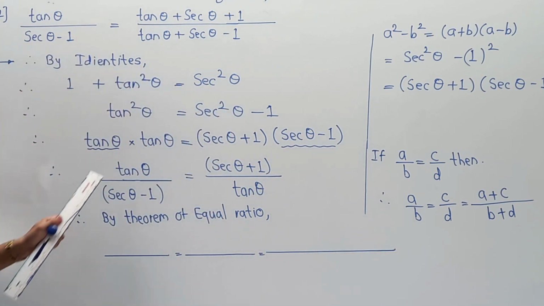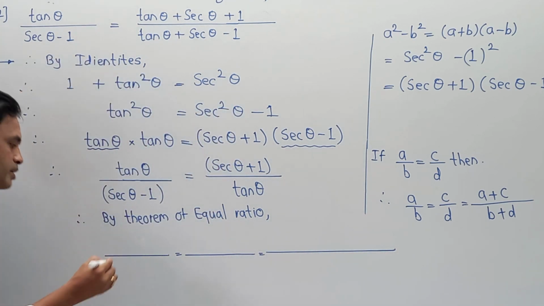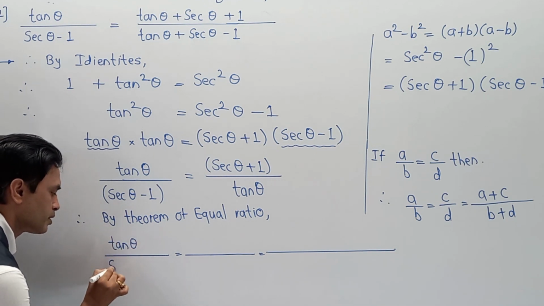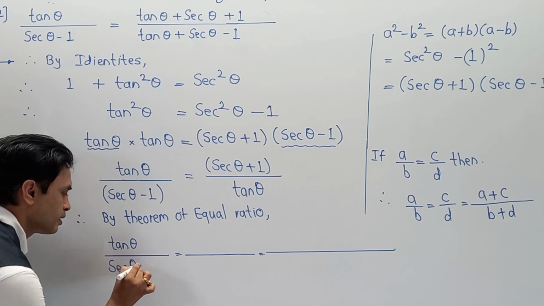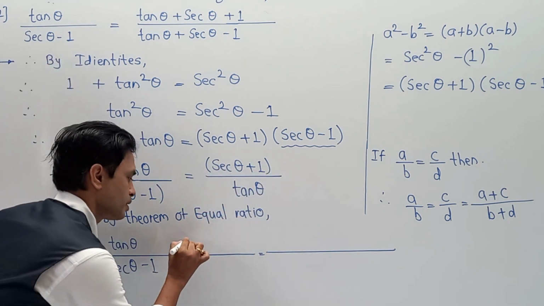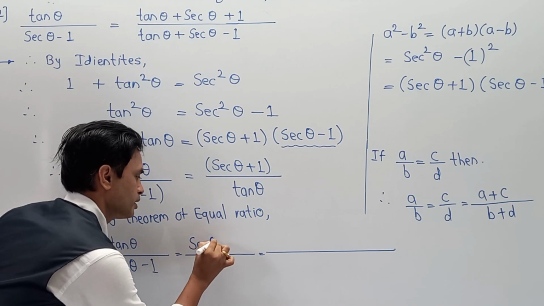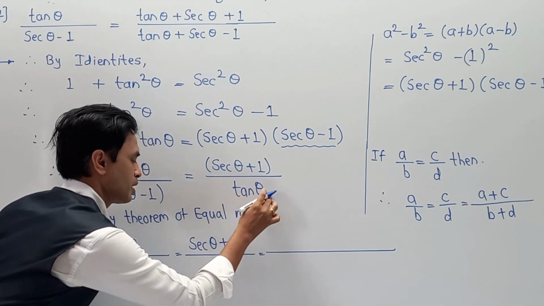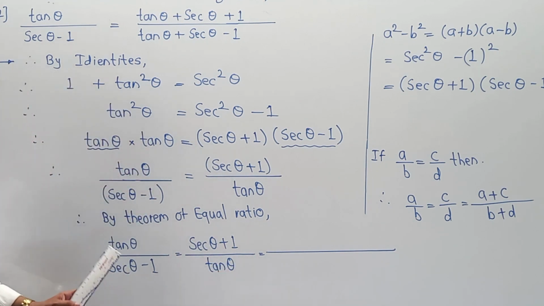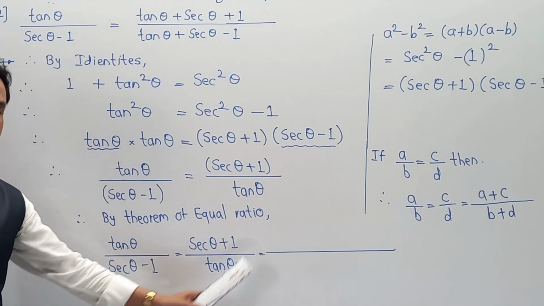So one by one, tan theta upon sec theta minus 1 is equal to sec theta plus 1 upon tan theta. And now simply I am going to make addition of all the groups, that is tan theta plus sec theta plus 1.